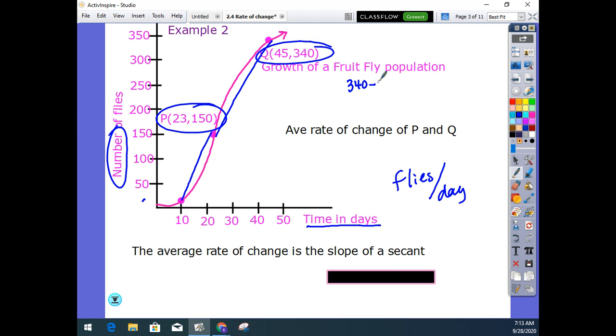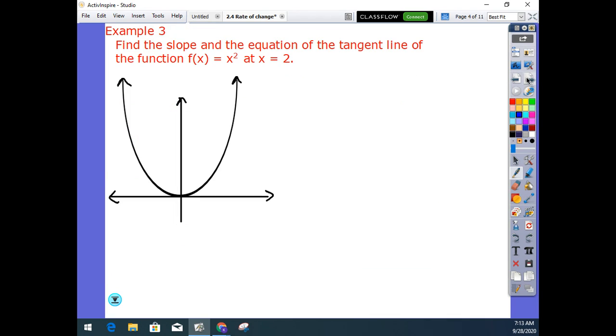So y minus the y over x minus the x. And this is approximately 8.6 flies per day. Sorry, I didn't type that in there for some reason.